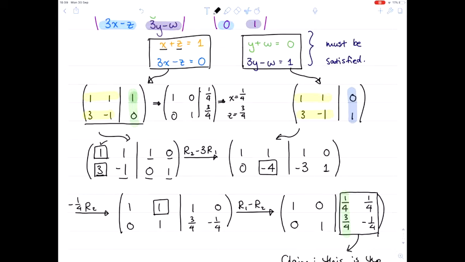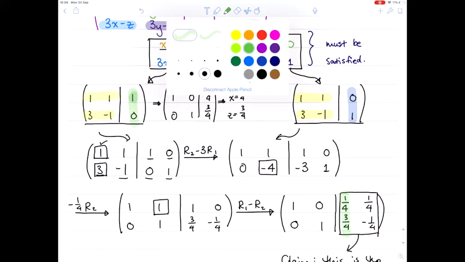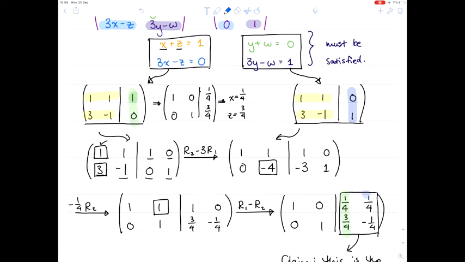On the other hand, if we'd been working with our second Gauss reduction, we would have found that our solution was 1 over 4, minus 1 over 4. And this would have told us, looking at the variables in the second set over here, that y was equal to 1 over 4 and w was equal to minus 1 over 4.